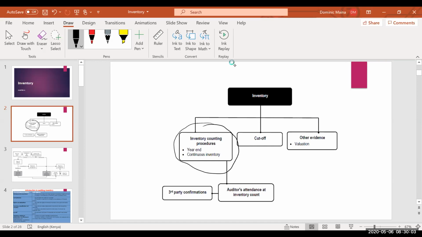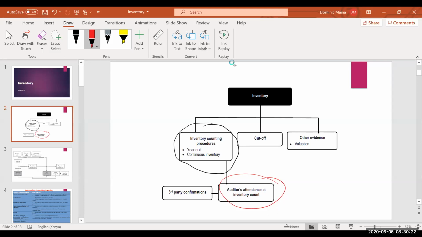And also the attendance of the inventory count. How do you attend the inventory count? In case, for example, you may not be available to actually attend the inventory count, what do you do in that case? Do we rely on the report by the internal auditor?